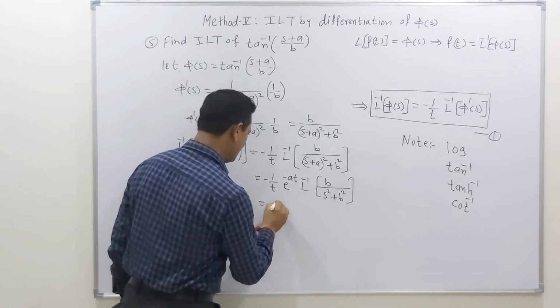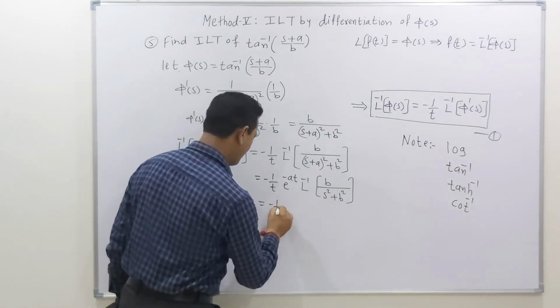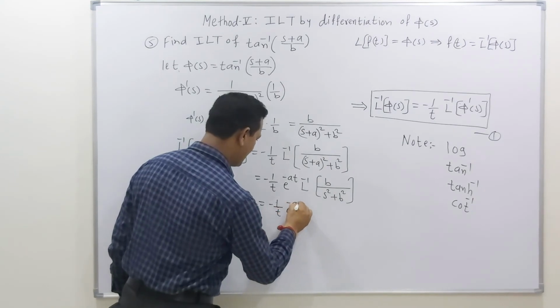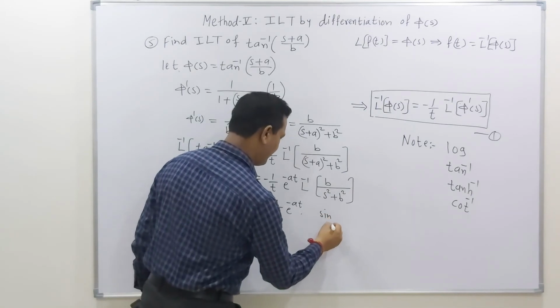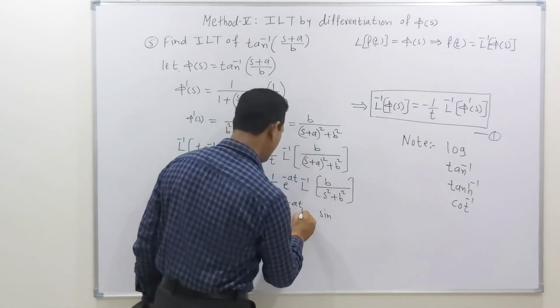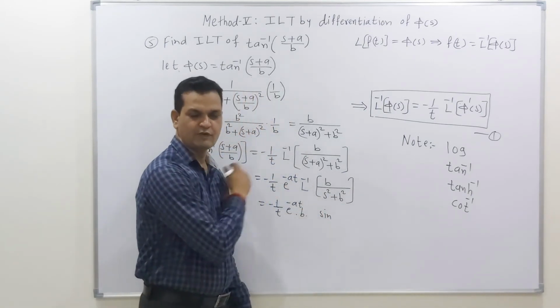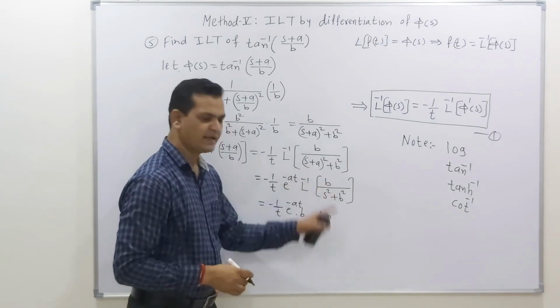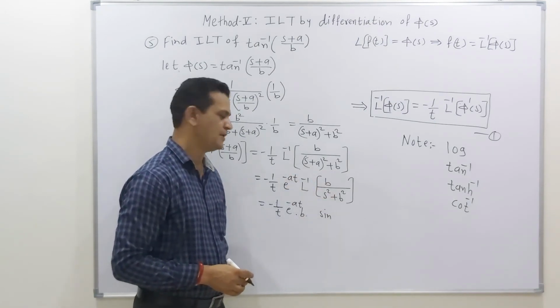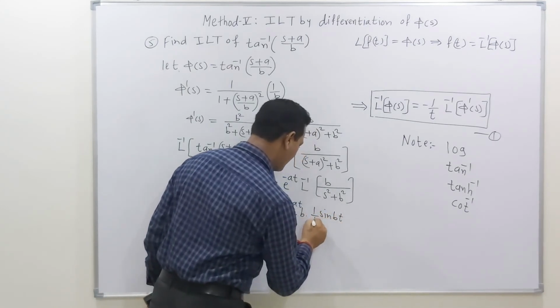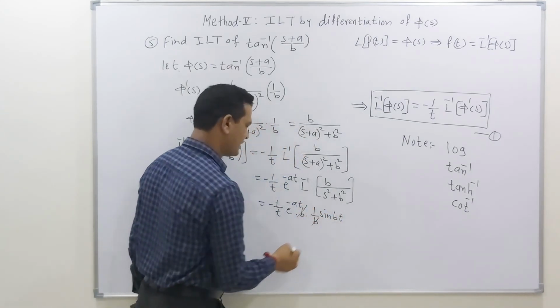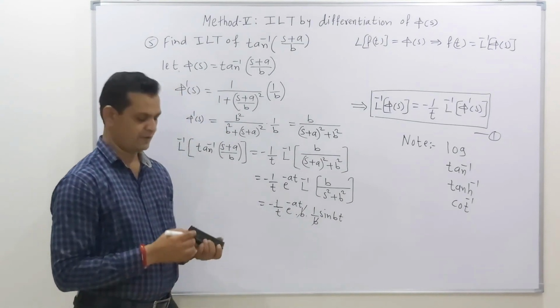Now this is the standard formula of sine: we take b outside the inverse Laplace transformation, then the remaining term 1 upon s square plus b square gives sine of bt into 1 upon b. So this b term will get cancelled and we reach the final answer.